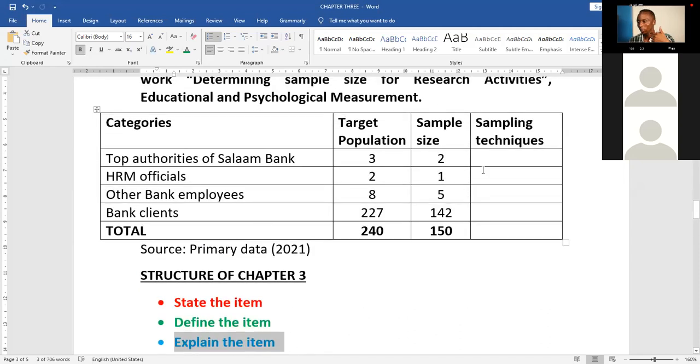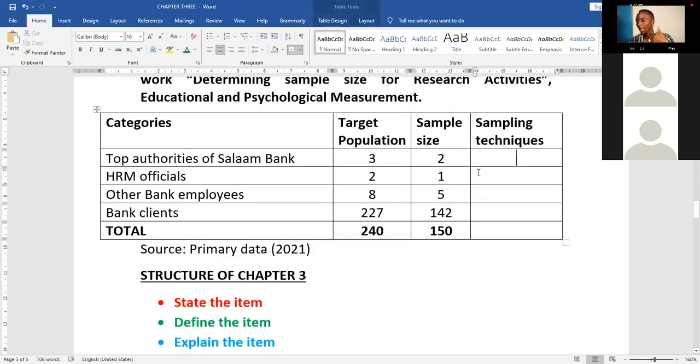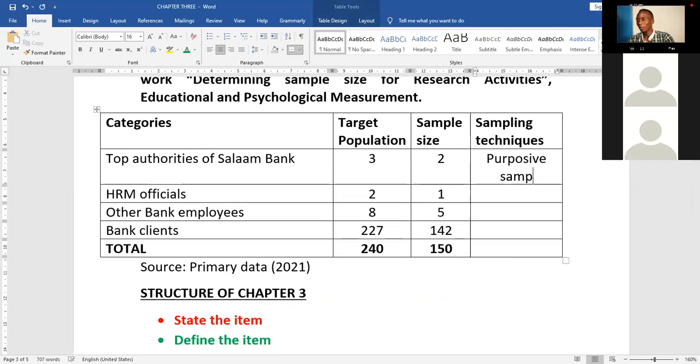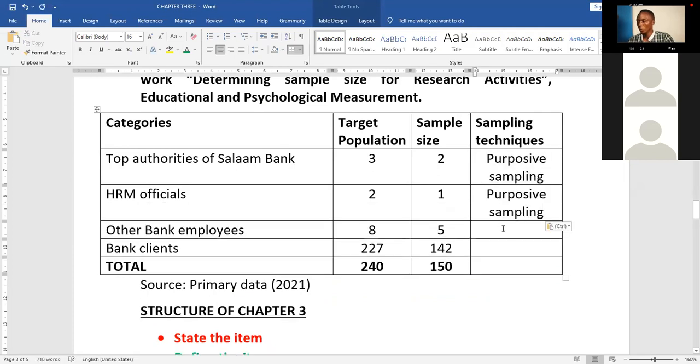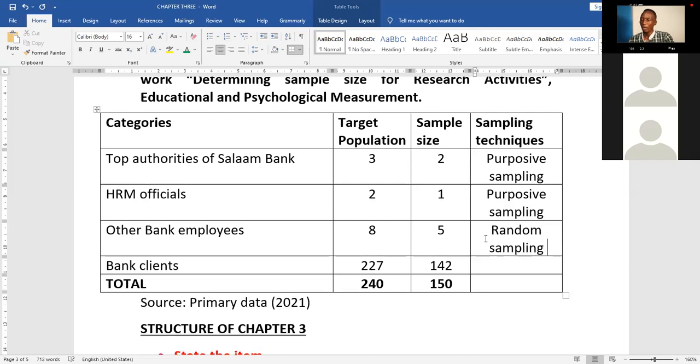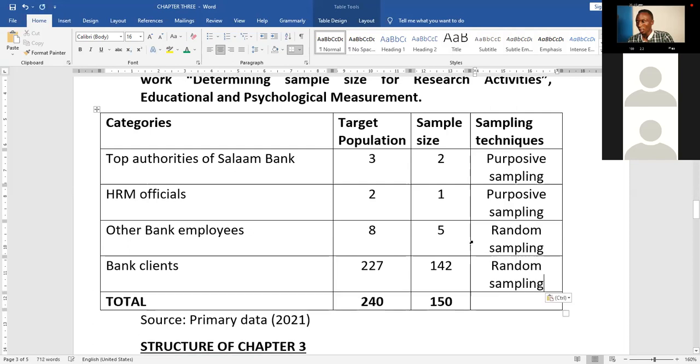So we are going to come here, and the categories that have good information, we are going to be using purposive sampling. For instance, top authorities, human resource officials. But these ones you can use random sampling because they may not have good information about our topic. The same applies here.